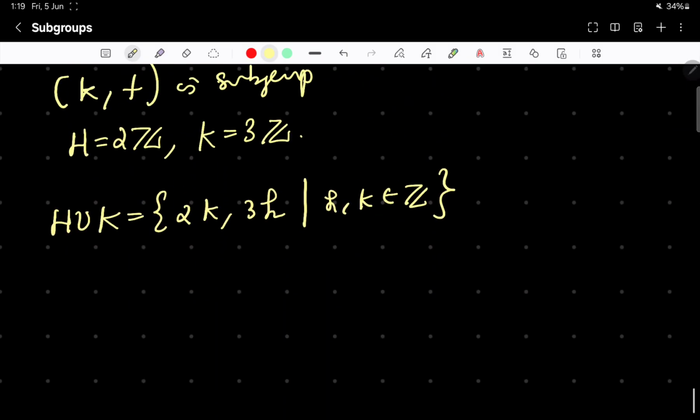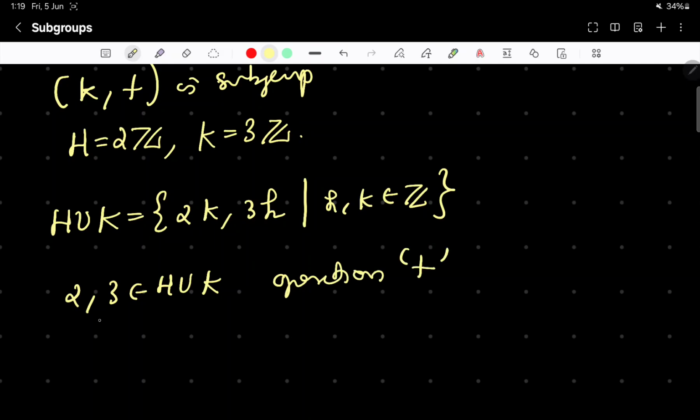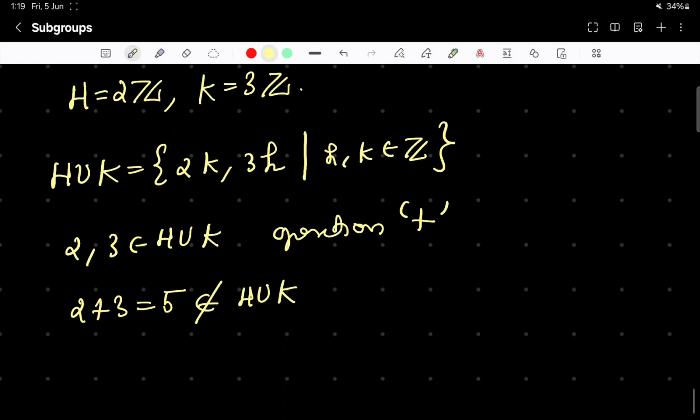It is very clear that 2 and 3 are in H union K, and if you consider the operation addition, 2 plus 3 is equal to 5, but 5 is not in H union K. Why? Because H union K contains only multiples of 2 and multiples of 3, so 5 is not in it.